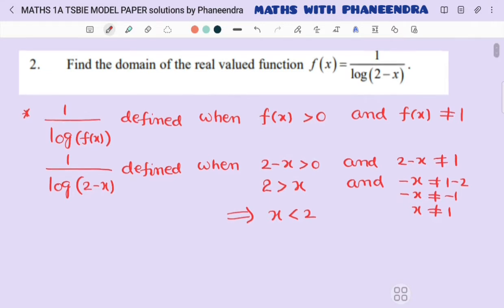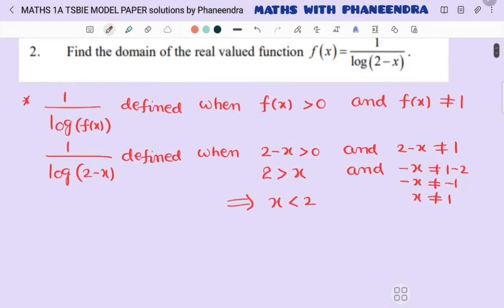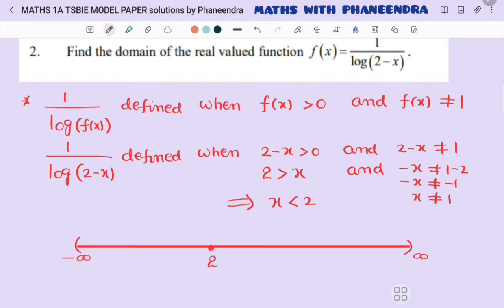Just I will draw the real number line. This is minus infinity and this is plus infinity. Here the number 2 is there. This is 2, this is 1. X is less than 2, that means from here to here.